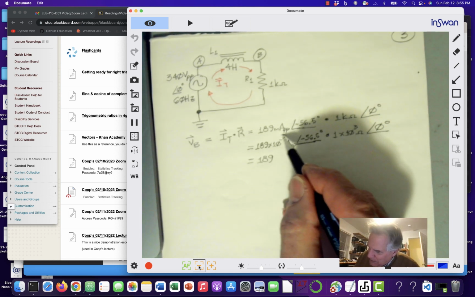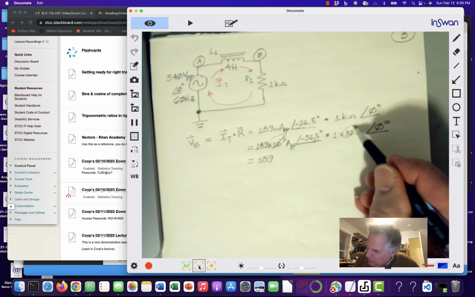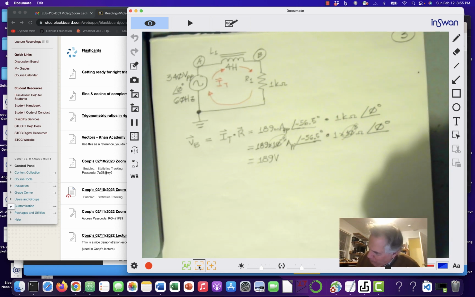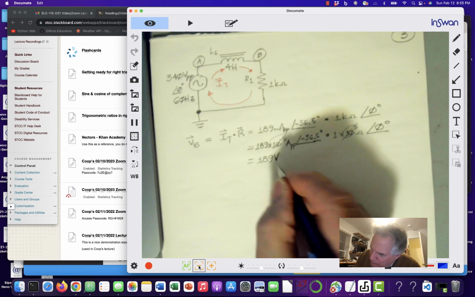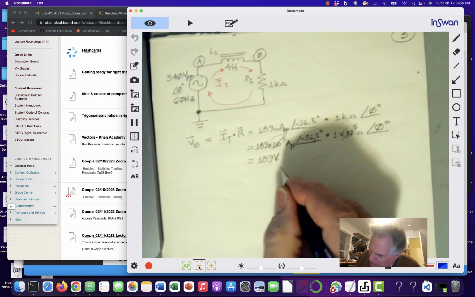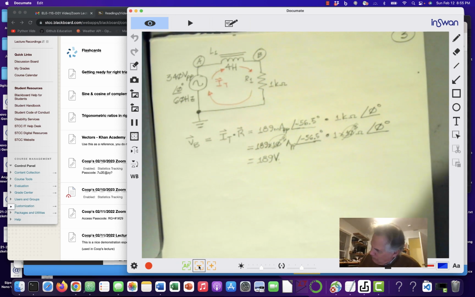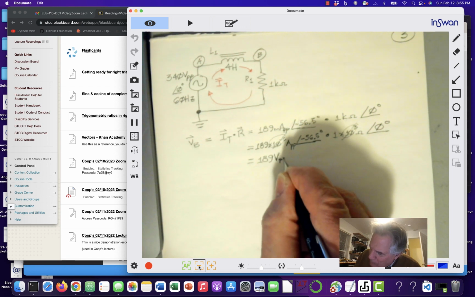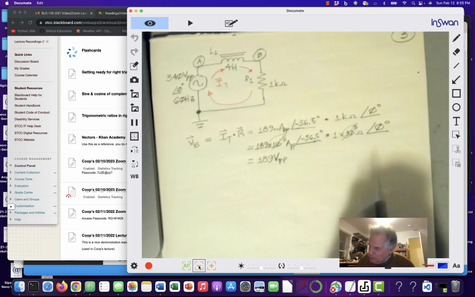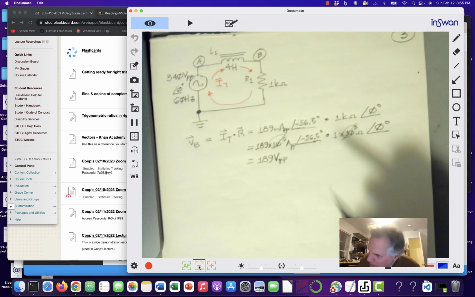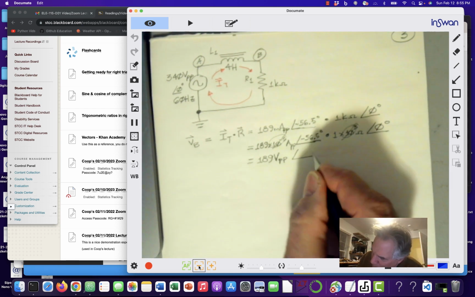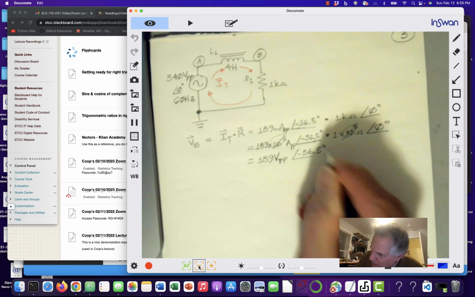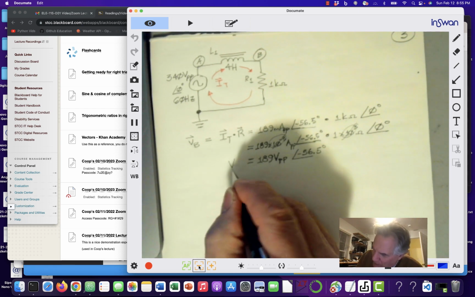Now the 10 to the minus 3 and the 10 to the plus 3 cancel out. The 1 times 189 gives me 189. So I've got 189 volts peak to peak, and when I multiply, I add the phases, so this is just 0 plus minus 56.5 degrees.